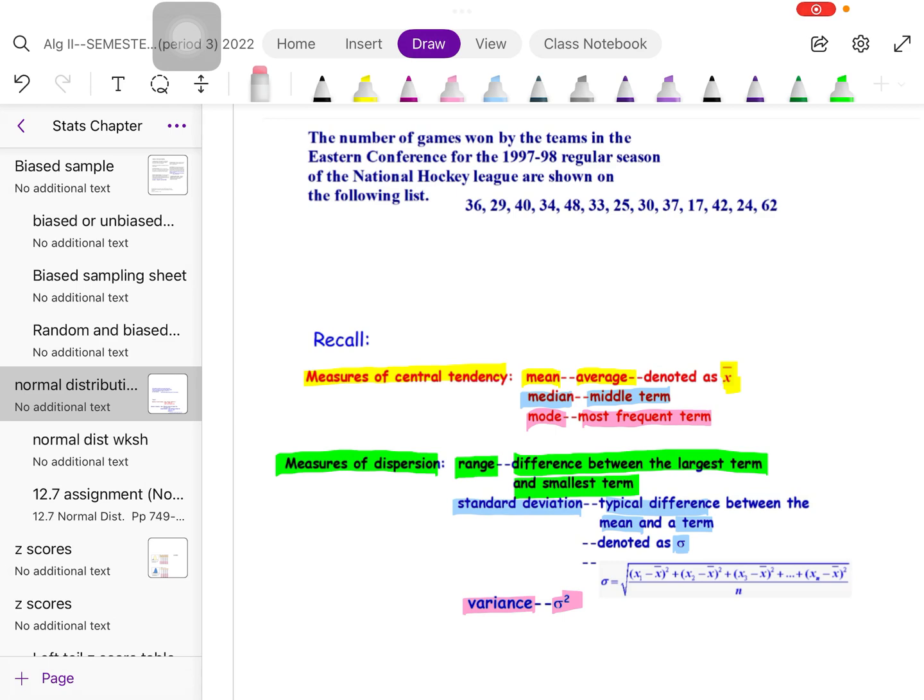So these were things you should have learned in the past. And we are going to use a normal distribution. We are going to use means and standard deviations. So that is why I wanted to refresh what those were.